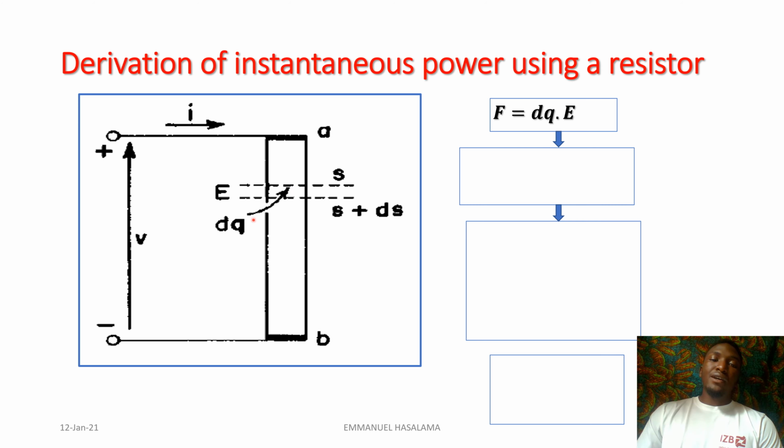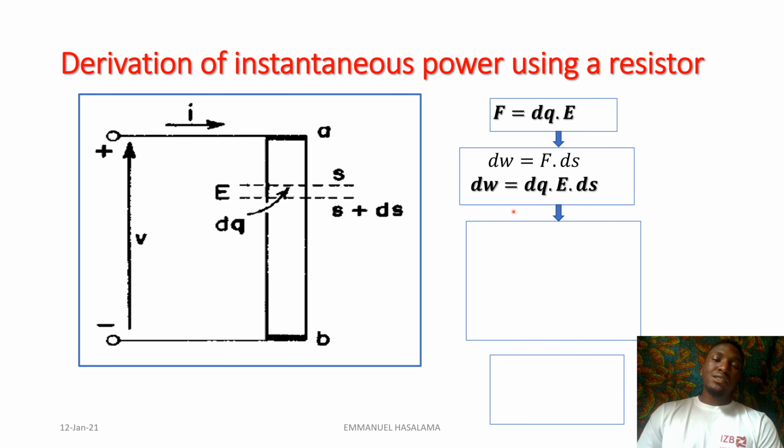If the charge is experiencing a force, that means the electric field is doing work on the charge. So work is simply force times distance, and since we've already established what force this charge is going to experience, we just replace it in this equation and we have this expression.